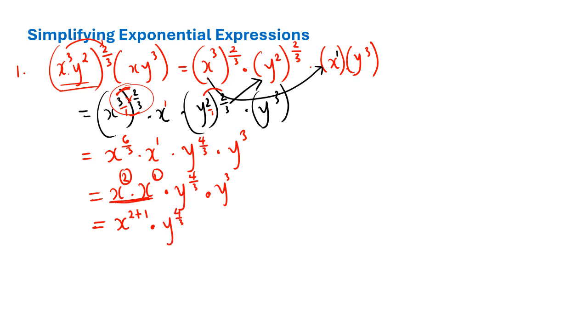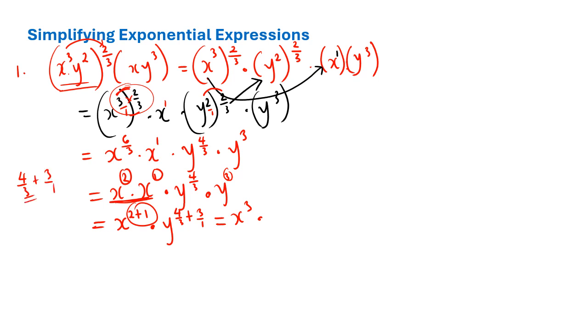Again, it's multiplication, so I am going to add the exponents. I write that 3 as 3 over 1 so that I can work with the exponents better. So here, 2 plus 1 is going to be 3 times. Then to do this math here, I can do 4 over 3 plus 3 over 1, and just find common denominators.